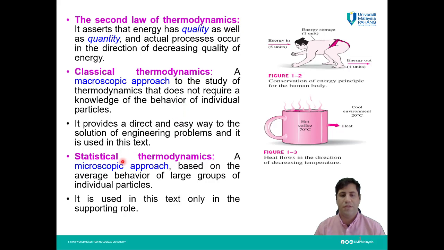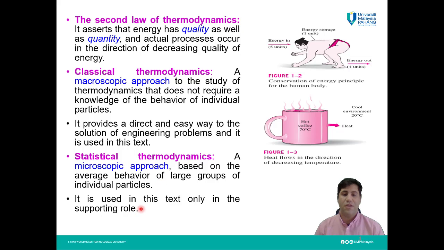And the other approach is statistical thermodynamics, which goes into the details of thermodynamic phenomena in a system. Based on averages, the behavior of a large group of individual particles is considered, but we don't use this technique in this textbook or in this subject.